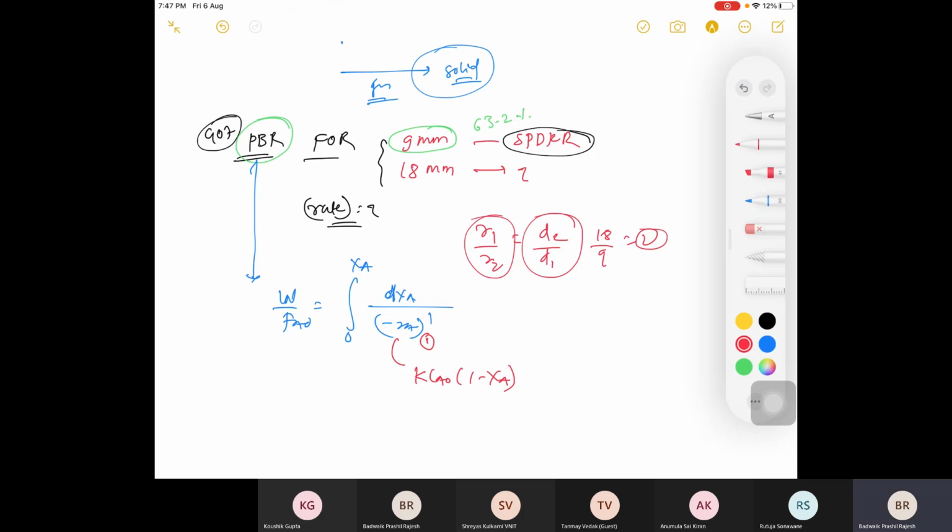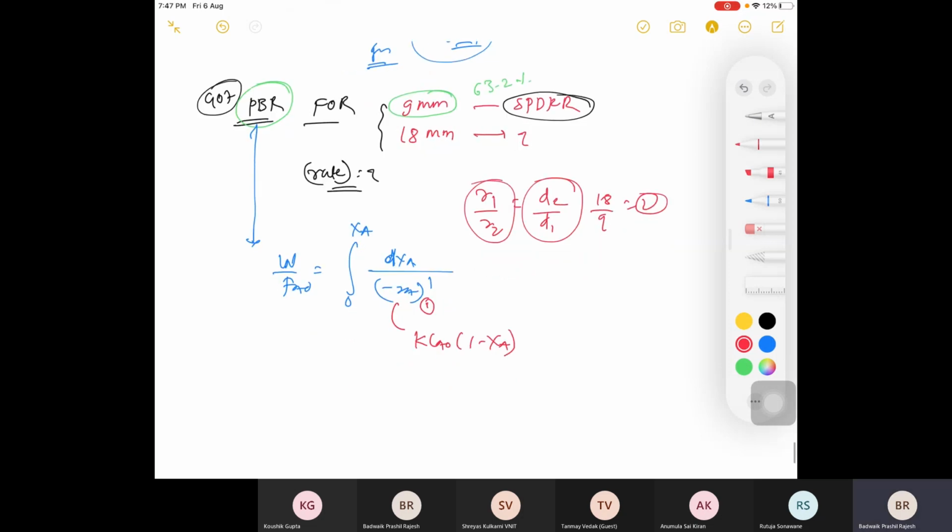These are simple questions, you just need to modify your procedure only. So if you integrate this, you will find W divided by Fa naught K dash Ca naught is equal to, can anyone find?